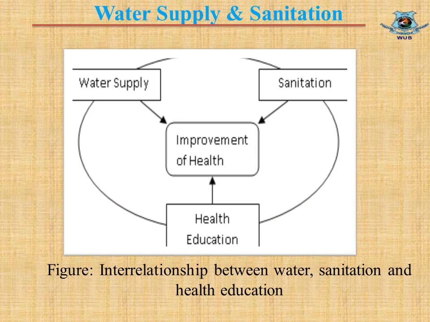The above relation can be shown in this diagram. This diagram shows the interrelationship between water, sanitation and health education. Here we can say water, sanitation and health education can make an improvement of health.